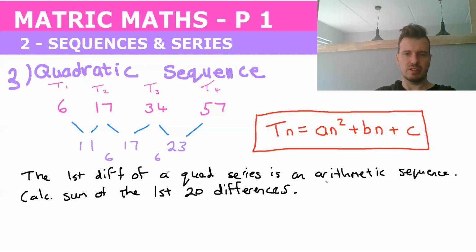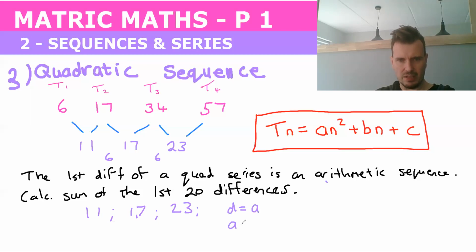So all we do is then find the arithmetic series, and this becomes our arithmetic series: 11, 17, and 23. And so it's got a difference of 6 and an A of 11.